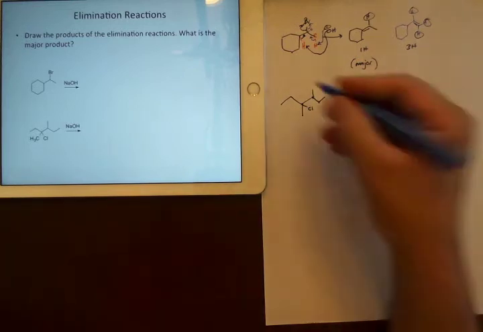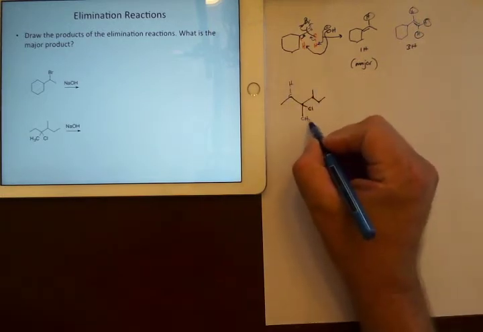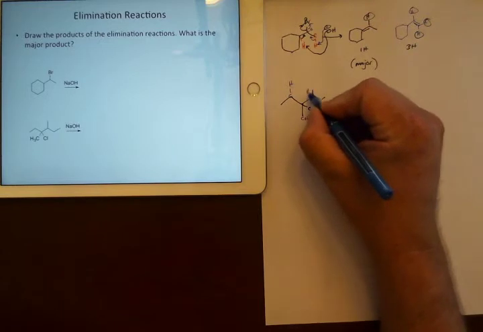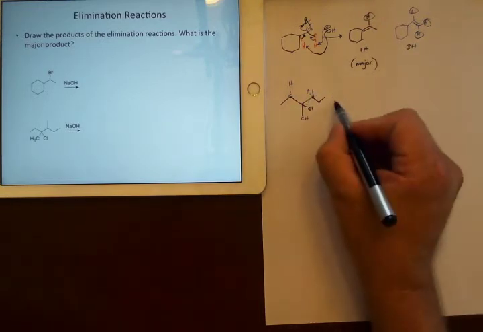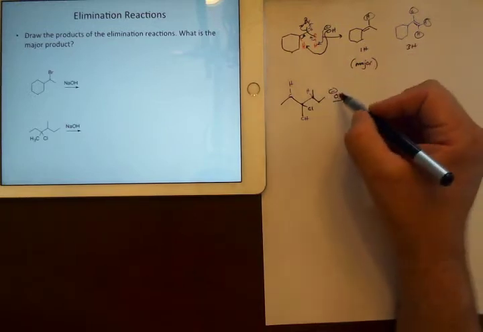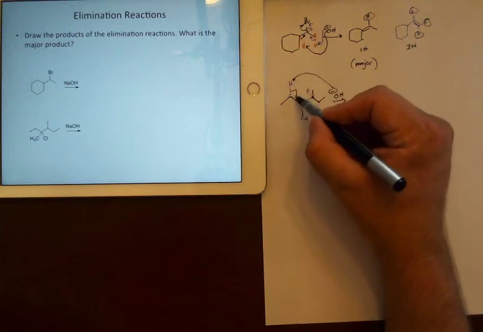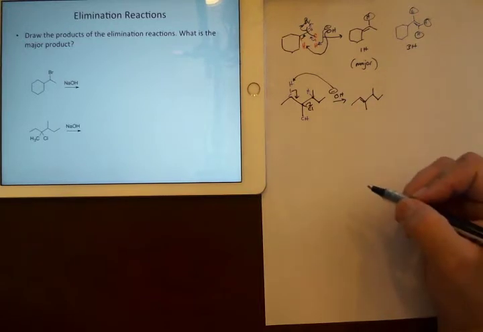Okay, so for this one, there is a CH bond here, there's a CH bond here, because it's CH3, and there's a CH bond there. So we can actually go 3 different ways. If we add OH minus and react here, collapse down, kick away, you would get here.